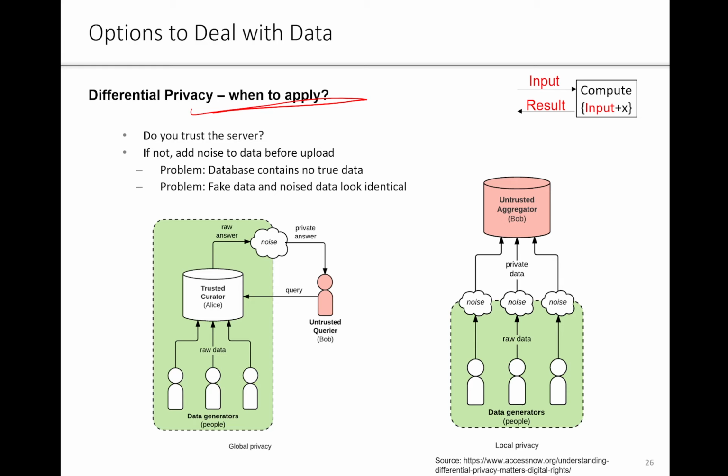There is another issue, which is where to apply it. We have two options for where to apply this kind of noise. Option number one: let's say these are the data providers, Alice and so on. Everything is stored in the database, as we had it in the example. And now somebody is querying the database. This is where we apply the noise, either when applying the noise for the computation, or when answering back.